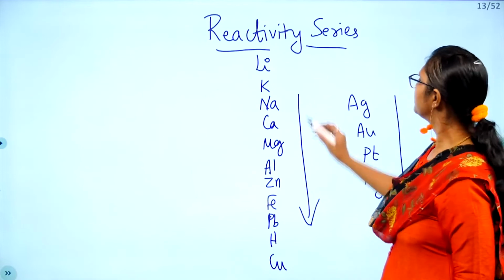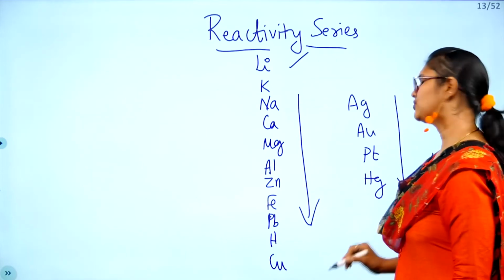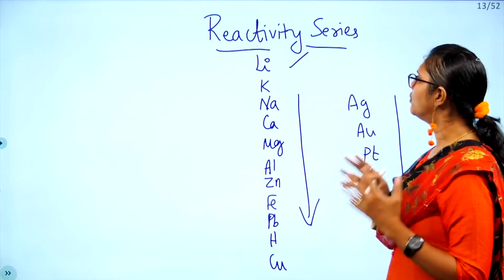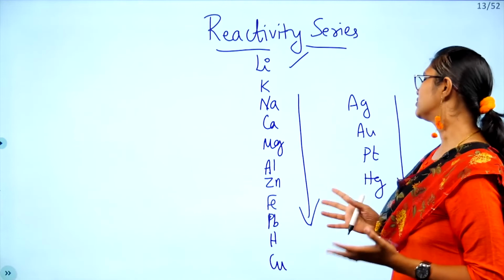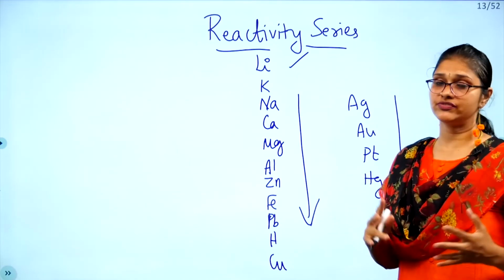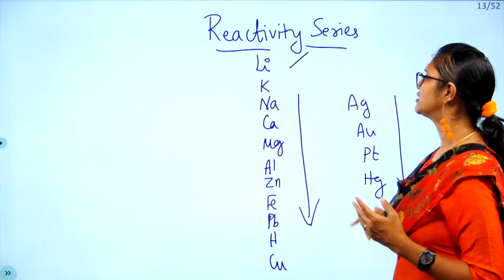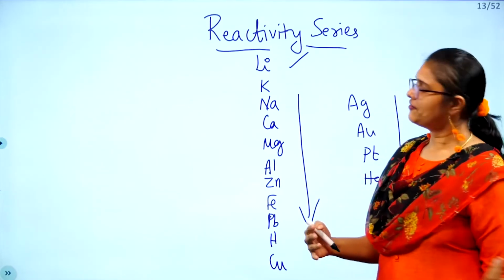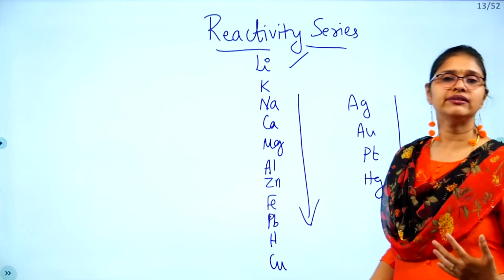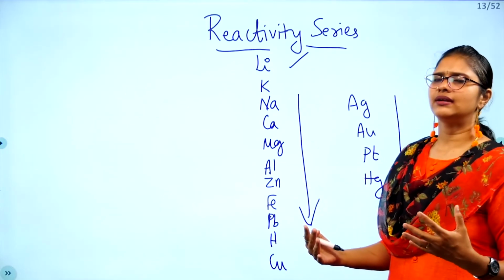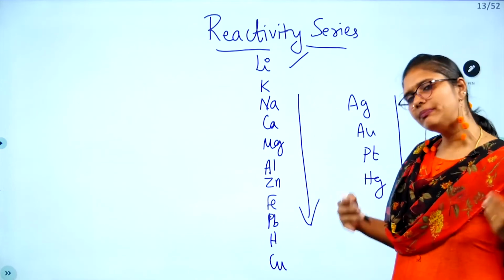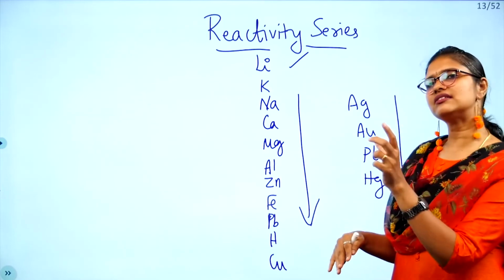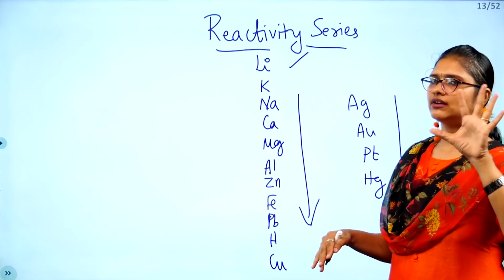Lithium is more reactive and mercury is less reactive. What is the use of studying this reactivity series? You can say whether lithium can displace zinc, whether potassium can displace lead, whether copper can displace iron, and so on. In your higher classes, you will come to know more about it. It plays a very important role in finding out whether a reaction will happen or not.